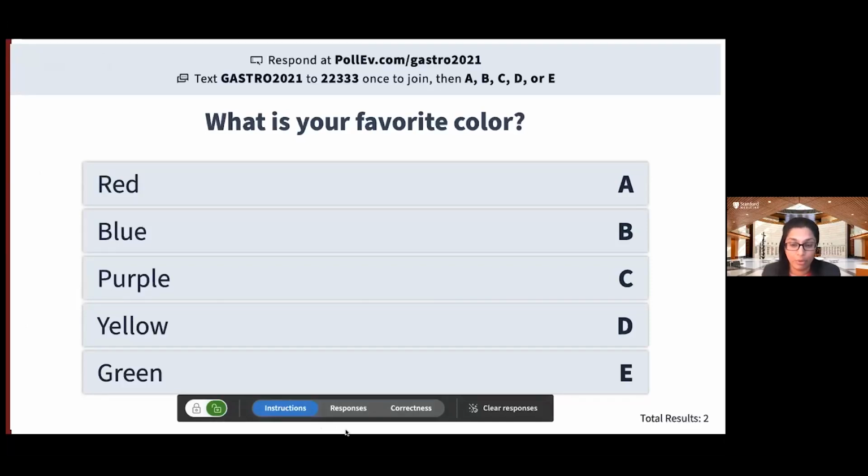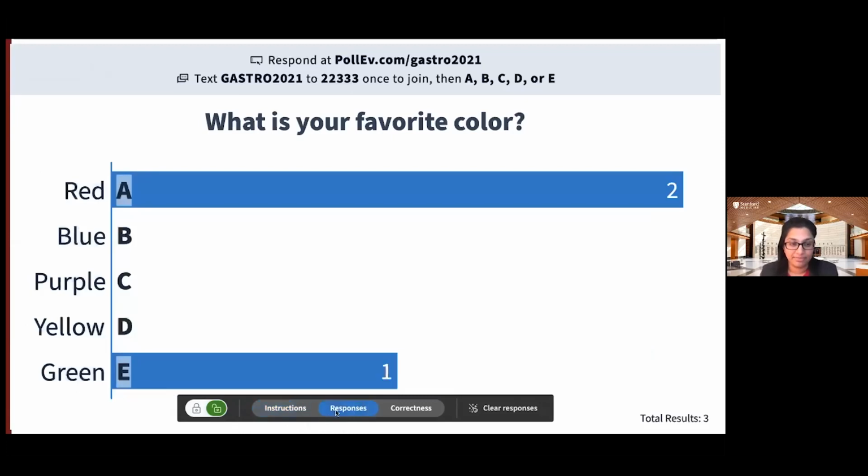So we'll wait for a few more people to see if they're able to log on. We have 2 people who've been able to use it. Okay, I guess other people may be still trying to log on. So we can check the responses. So most people chose red and somebody chose green.